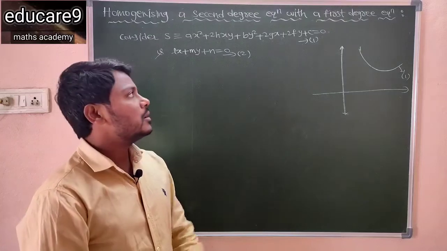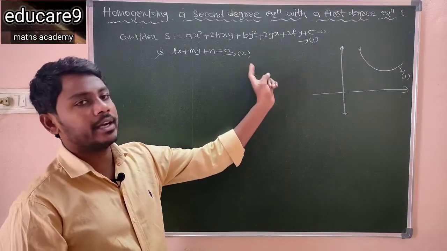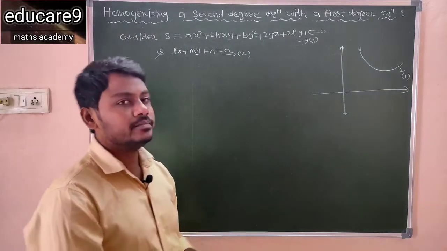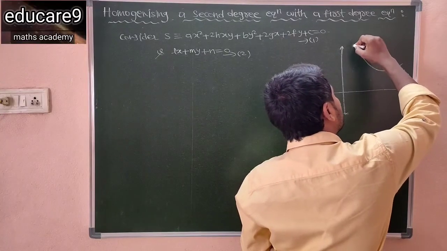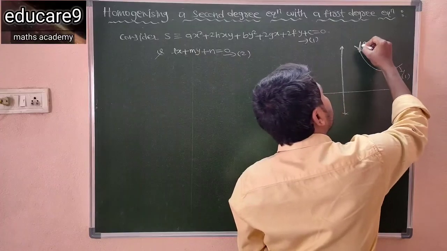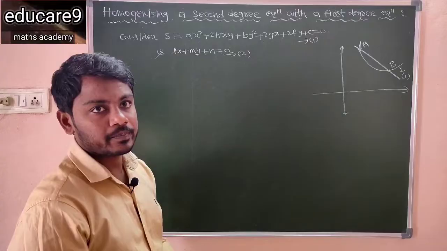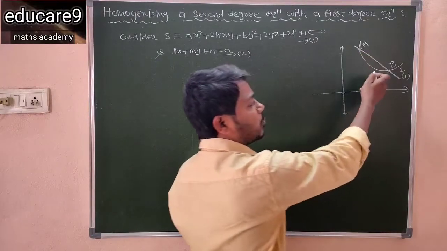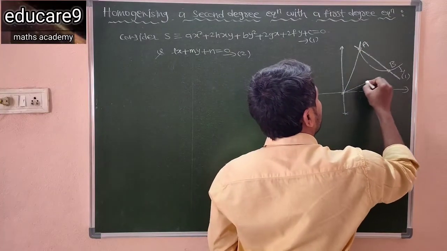Now you need to find the point of intersection of 1 and 2, that is, the point of intersection of the curve and line. Suppose this is point A and this is point B. Now join the origin and these points, that is OA and OB.